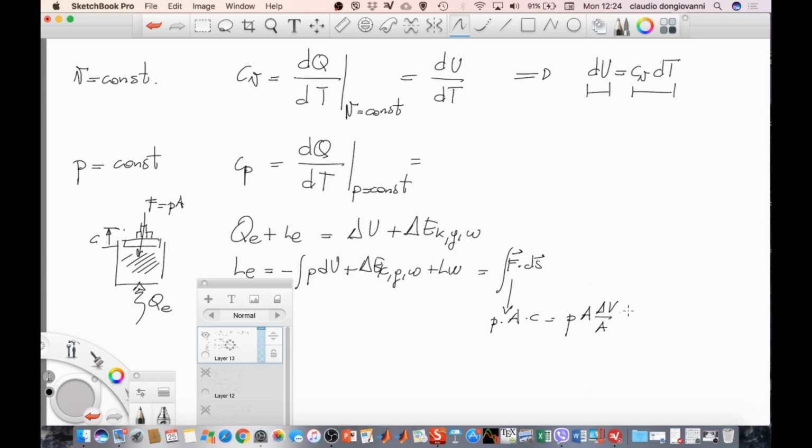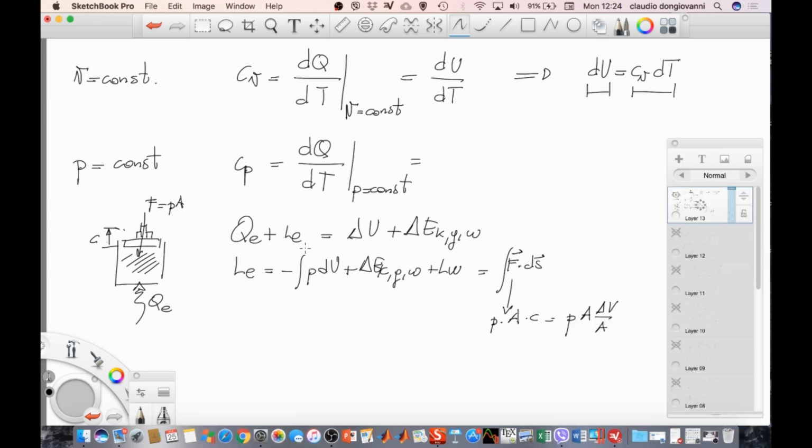So, in our case, QE plus P delta V. Always look for sign. LE is the work done by the external force. In this case, the external force is in this direction. The displacement is in this direction, delta V. P delta V will be a positive quantity, but LE has to be positive or negative?